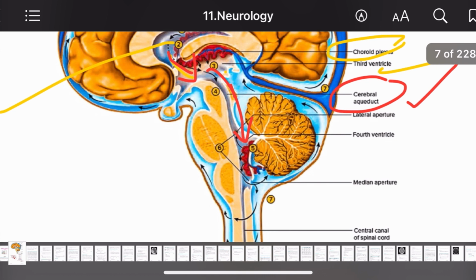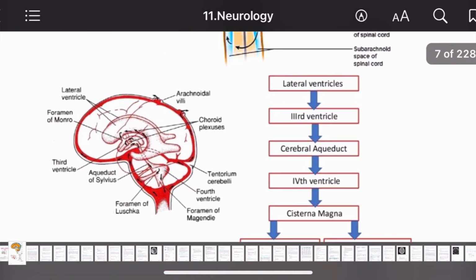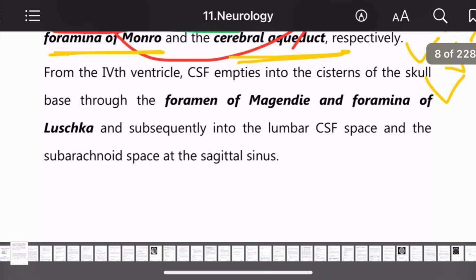So these are the two areas where it is formed inside and reaches the fourth and third ventricles.